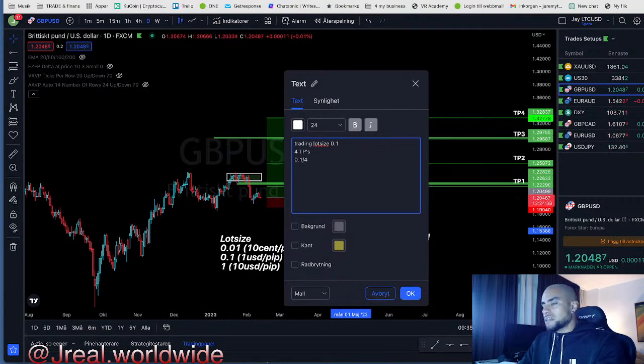So each TP is now being traded with lot size 0.025, which doesn't exist. So in this case, I would say 0.02.